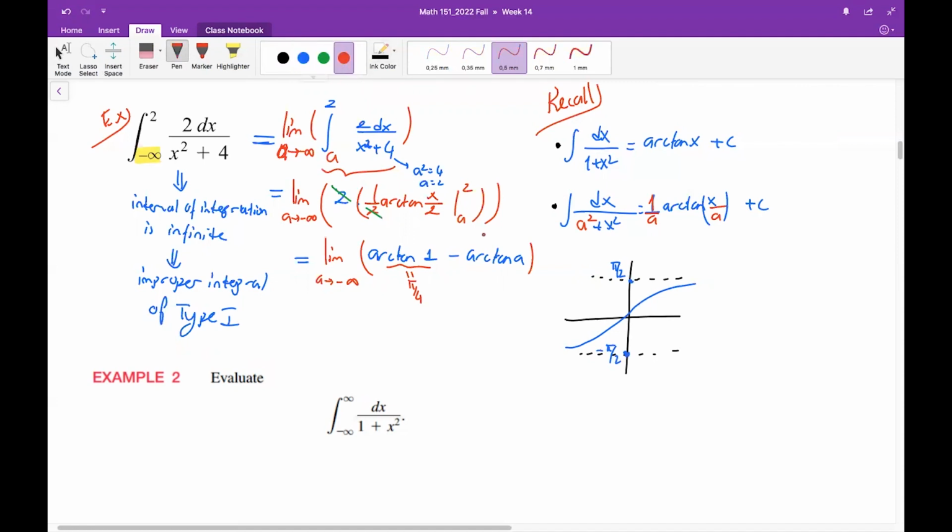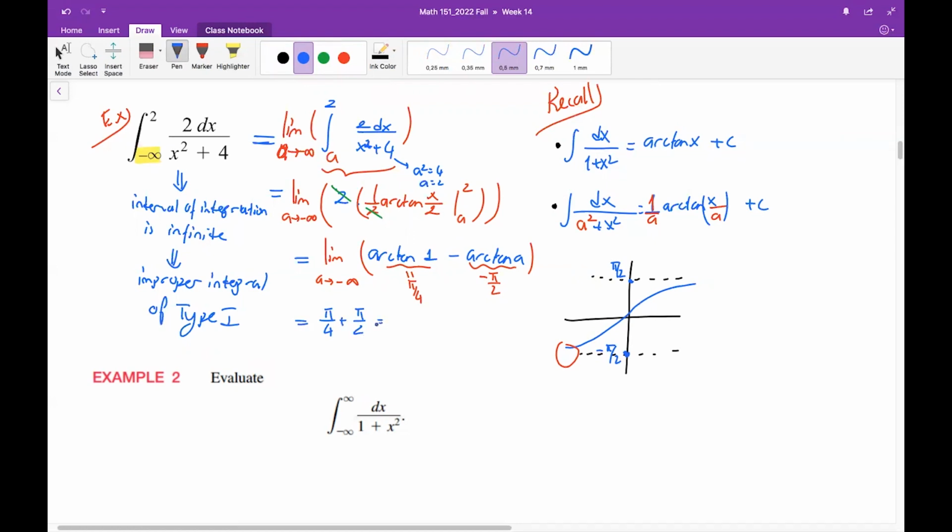Then you can tell me the limit of this function as a goes to minus infinity. So the result is minus pi over 2 for this part. That's why the result of the improper integral is plus pi over 4 minus pi over 2.